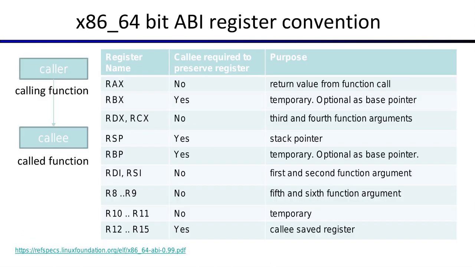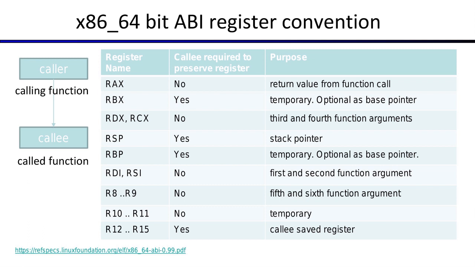Now, before we get back to programming in assembly and making some system calls, there is something important to talk about, and that is the application binary interface. If two functions have to be able to work with each other, then they are sharing the registers, and there has to be some kind of agreement on what registers are available to whom.